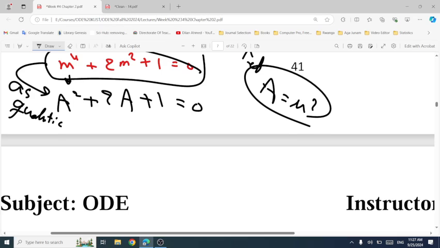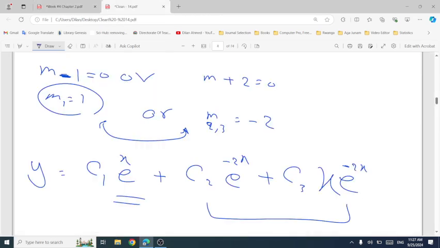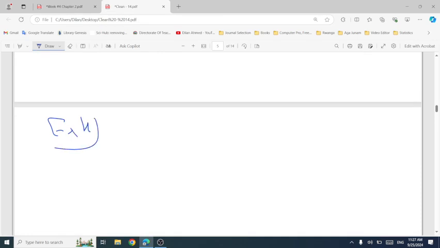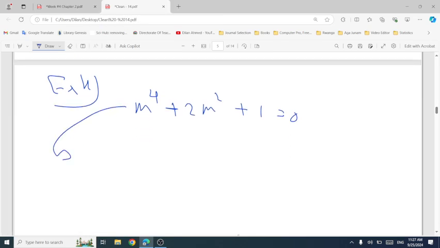We have m to the power 4 plus 2m squared plus 1 equals 0. I say to see whether that one can be solved by quadratic or not, as a formula.